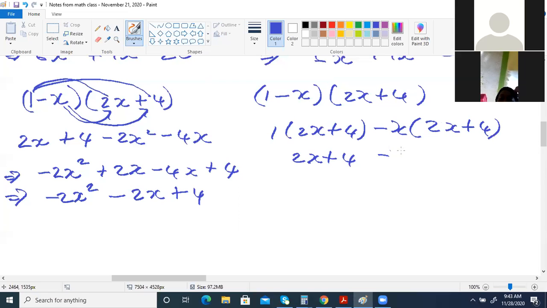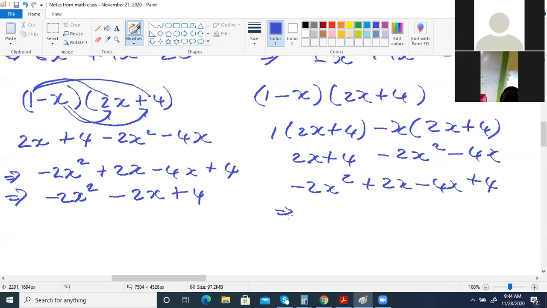And then this is where a little work has to be done. This becomes 2x squared minus 4x. So nothing out of the ordinary. Then grouping again, I start with this guy, and then 2x minus 4x plus 4. So this becomes minus 2x squared minus 2x plus 4. Same thing.